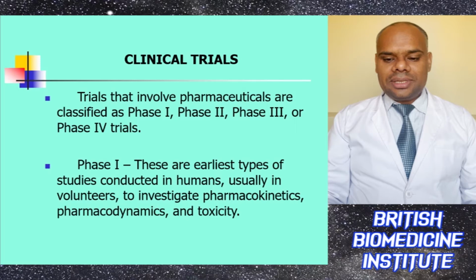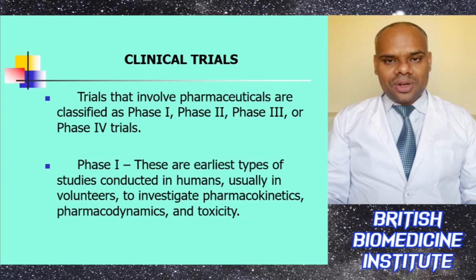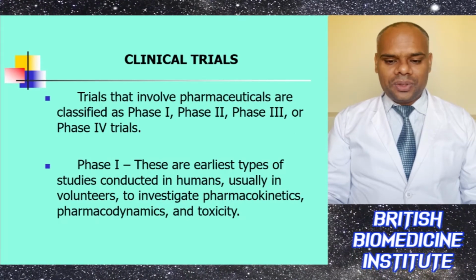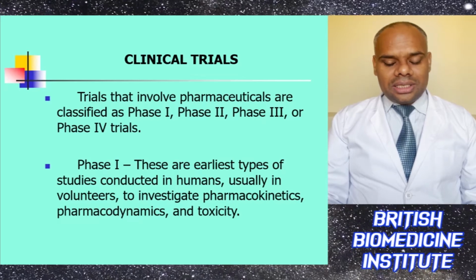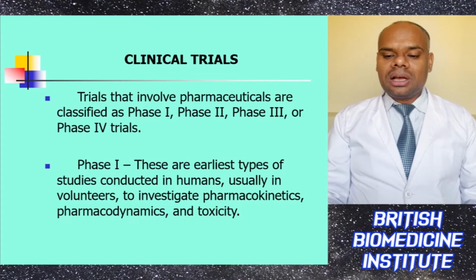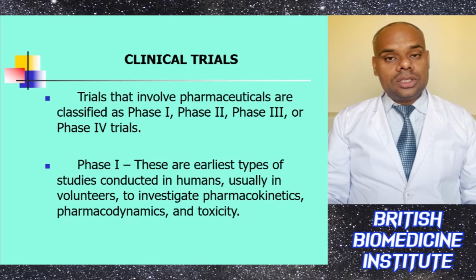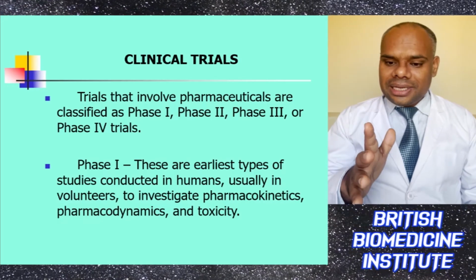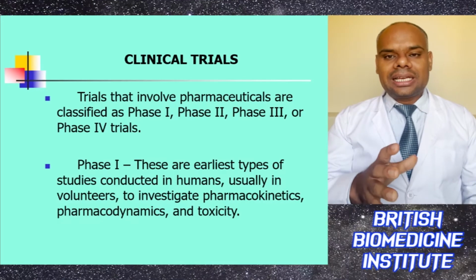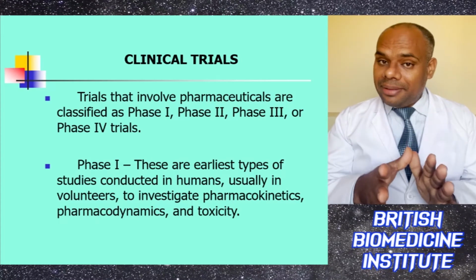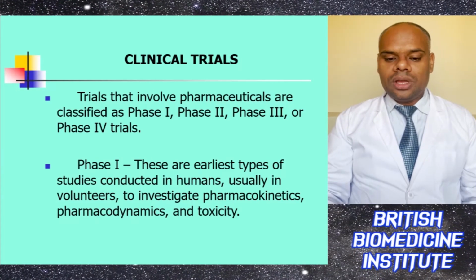So clinical trials basically are carried out in phase 1, phase 2, phase 3 and phase 4. Phase 1 studies are the earliest type of studies, which are conducted on healthy subjects in order to check the pharmacokinetics, pharmacodynamics and toxicity.